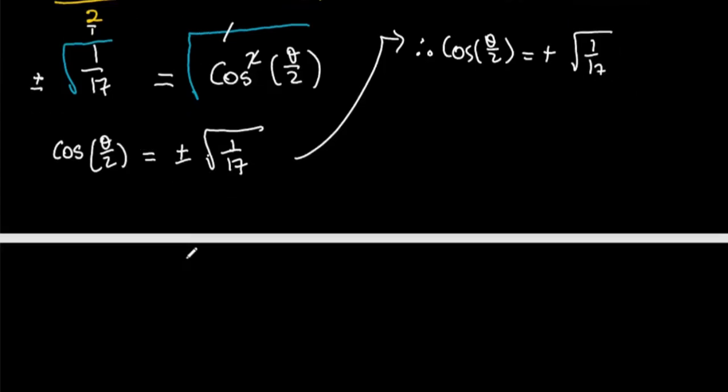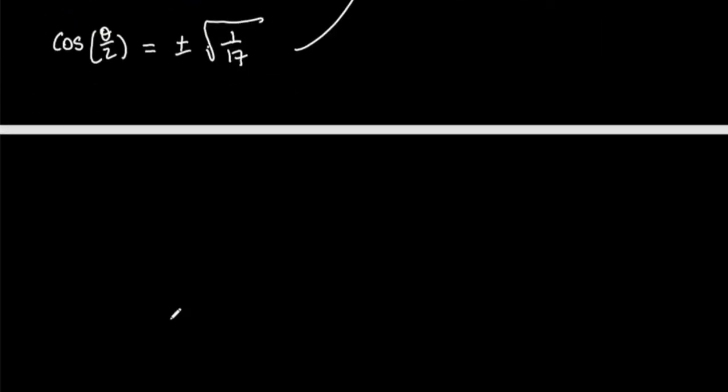Let me explain. The final answer, the cos of theta over 2, is equal to positive the root of 1 over 17. Why is this positive? Because theta over 2 must be an element of what?